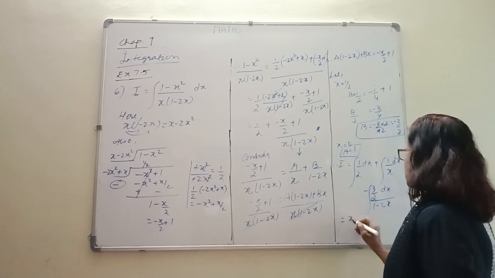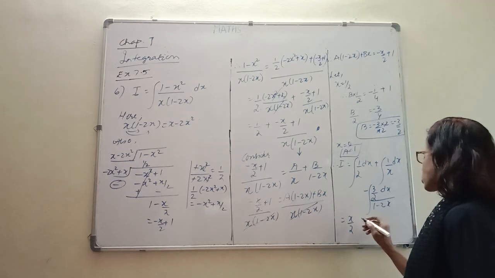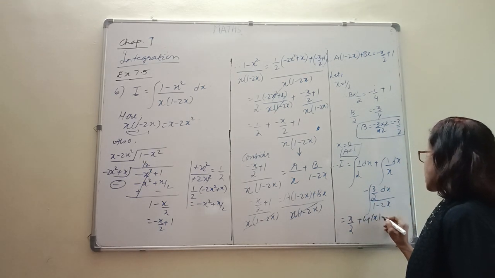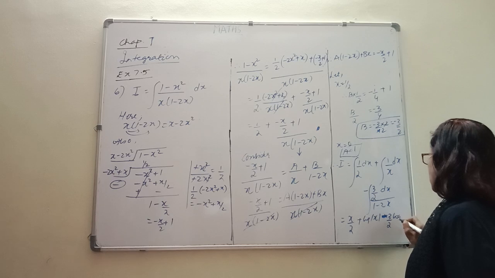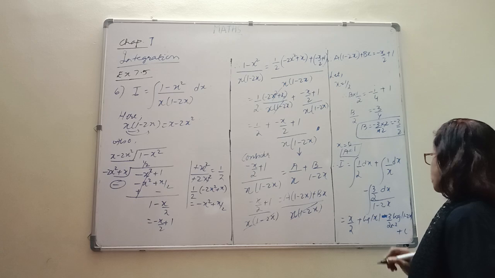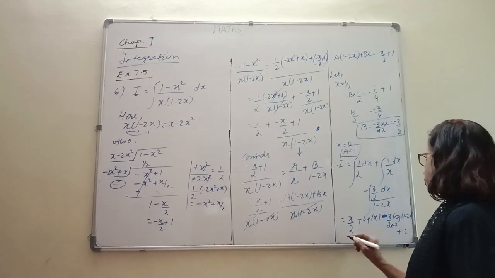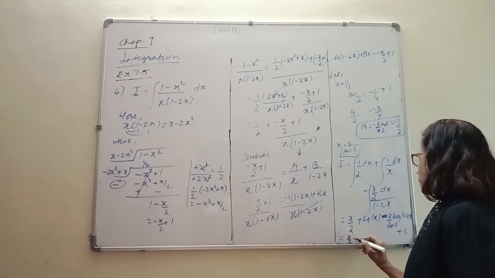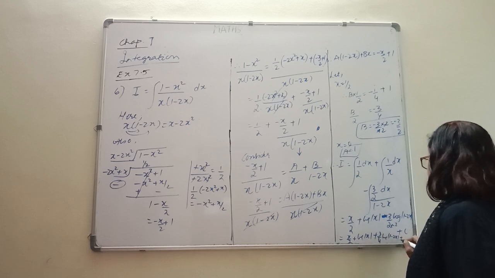So this is going to be x over 2, because the half goes out and the integral of dx is x, and here is log modulus x, and the 3 over 2 can come out, and you will get log modulus of 1 minus 2x, but there is the integral coefficient of negative 2, so it becomes positive 3 over 4. If you want, you can reframe it as x over 2 plus log modulus x plus 3 over 4 log modulus 1 minus 2x plus c.